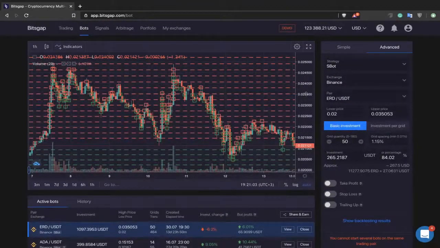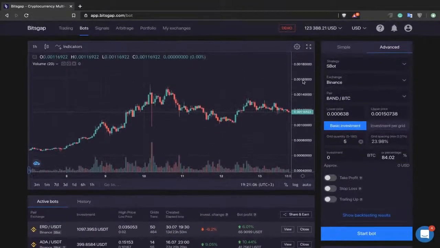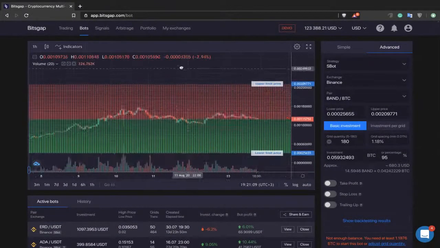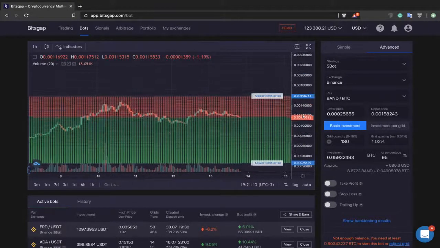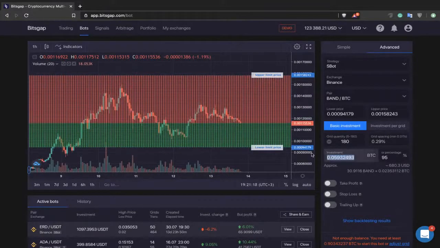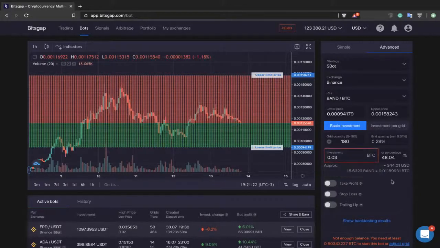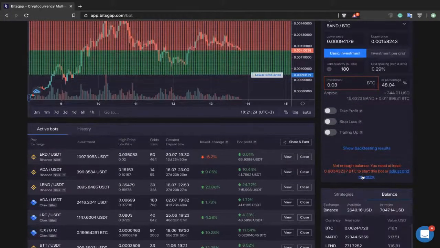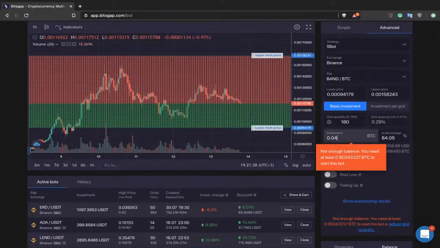So moving forward, let's say we select band trading to Bitcoin. Let's assume that we've defined that our trading range is going to be like this. And the investment allocation I want to be, let's say, 0.03. Because I remember that I have this amount right now. Well, actually, let's use 0.4.